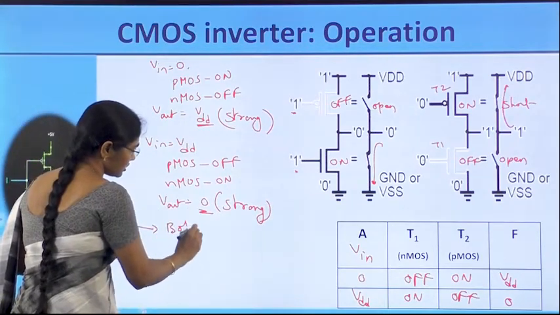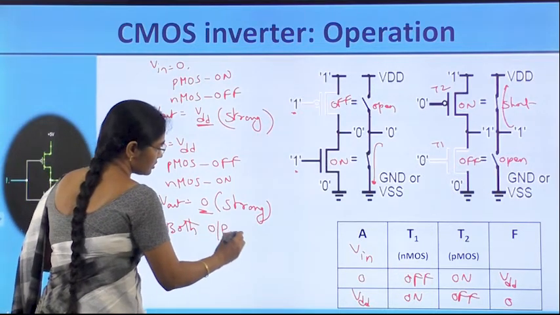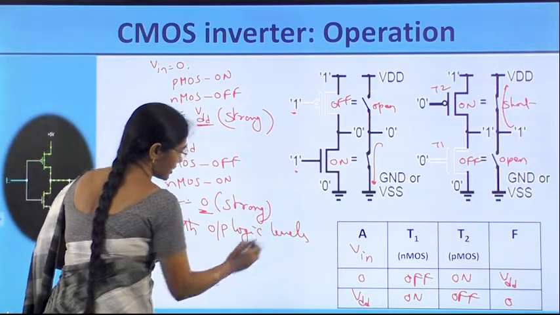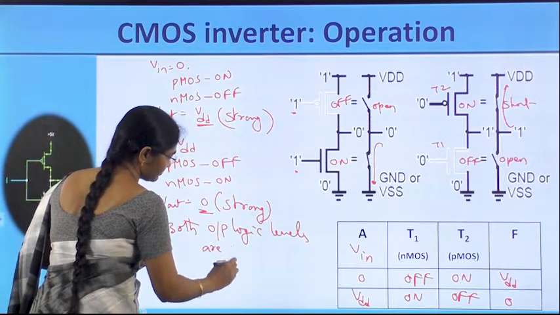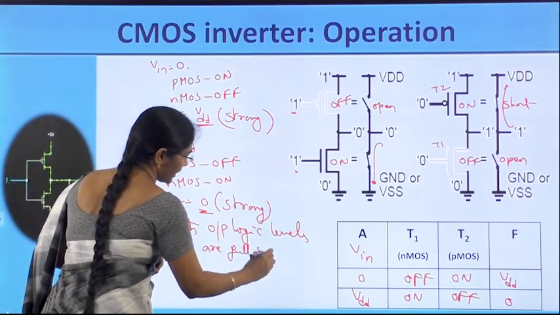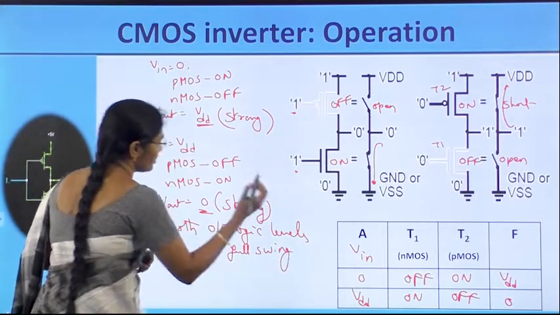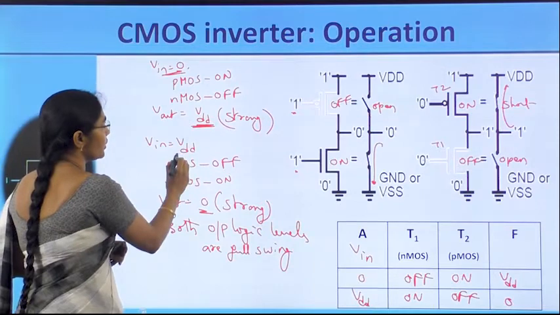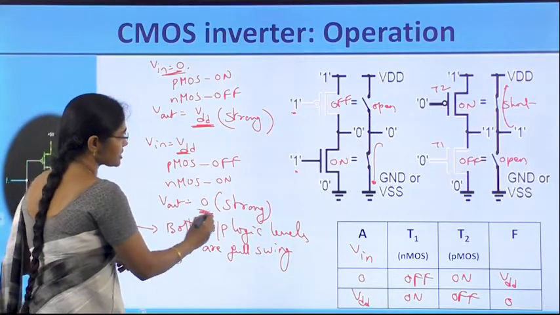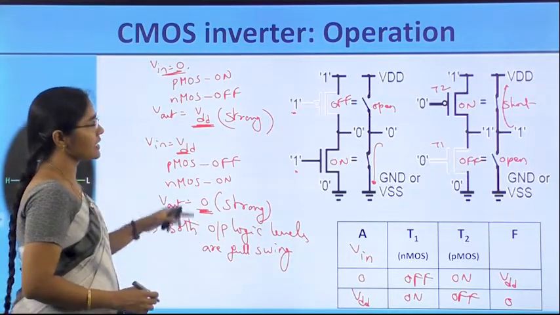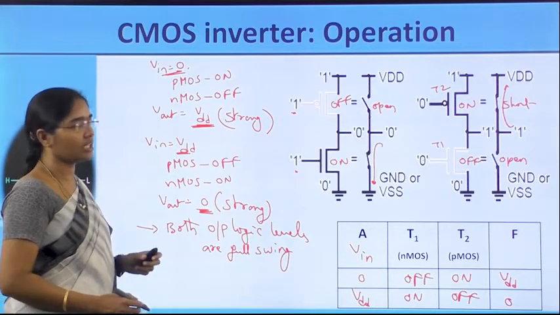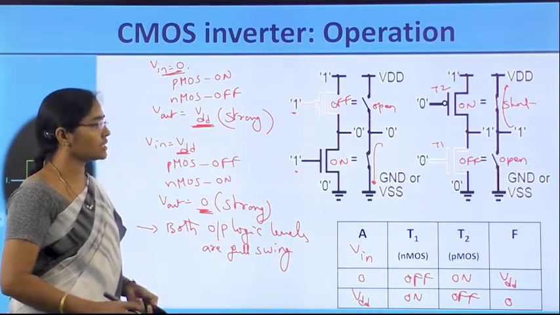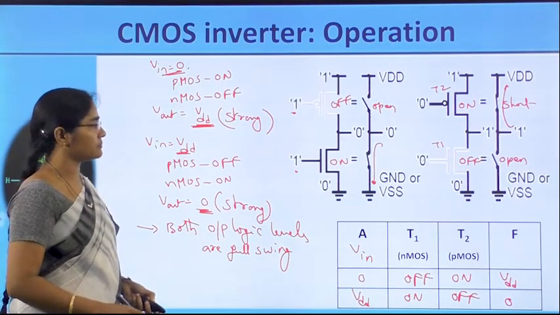When input 0 is applied, output is equal to VDD. When input VDD is applied, output is equal to 0. Therefore, it acts as an inverter circuit, that is a NOT gate. This is the operation of the CMOS inverter.